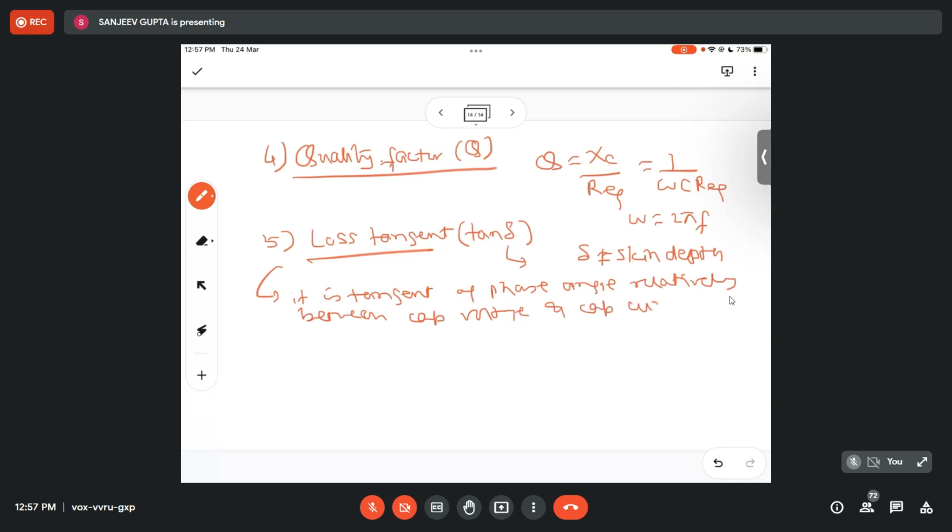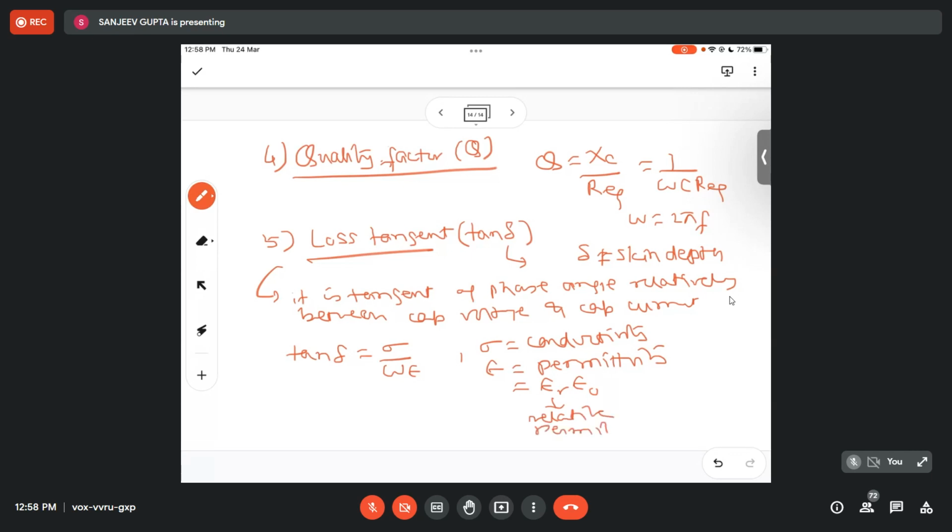So everything is related to one another, and typically tan delta is equal to sigma by omega epsilon, where sigma is the conductivity of the metal part of the capacitor, and epsilon is the permittivity of the medium, which we typically denote as epsilon R, epsilon naught. Epsilon R, as I told you, is called the relative permittivity, or what we call the dielectric constant.